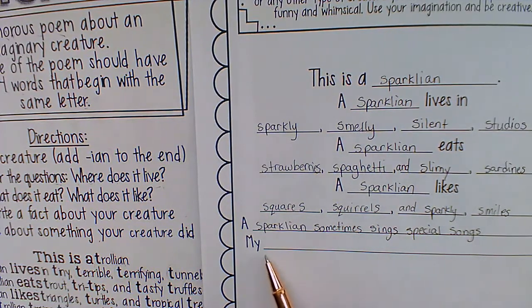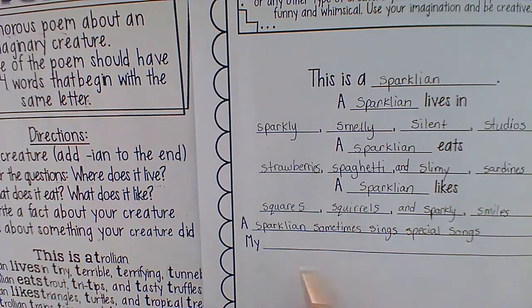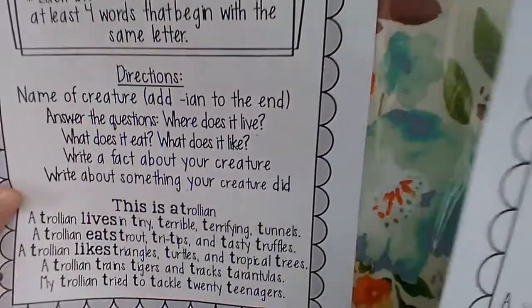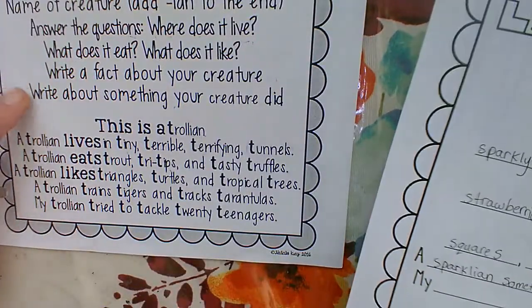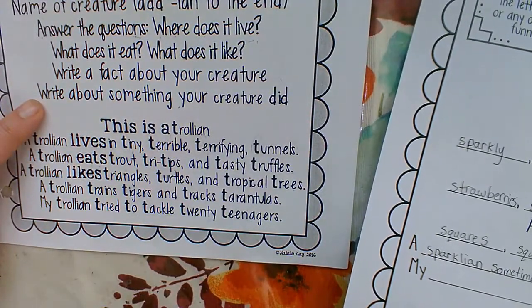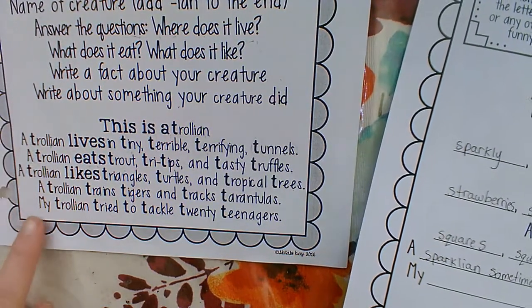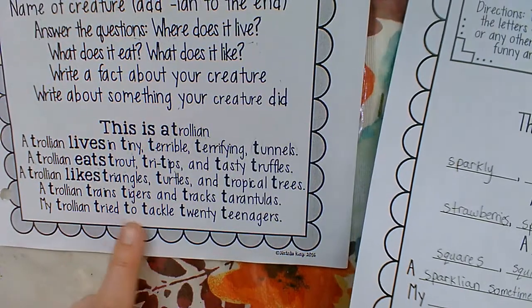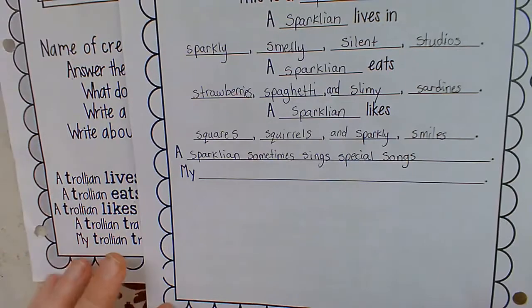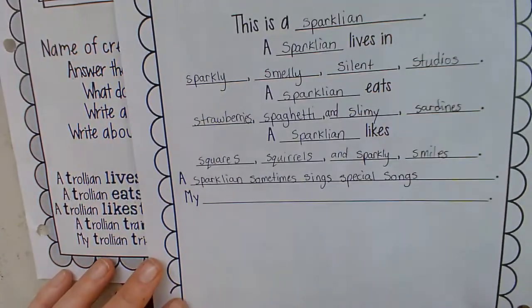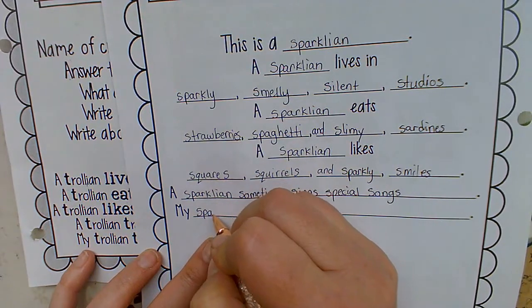So in the example, it says write about something your creature did, so that it already did. It's in the past. My Trollian tried to tackle 20 teenagers. Okay, I think I'm going to do my Sparklian.